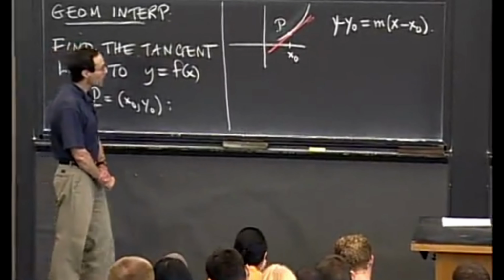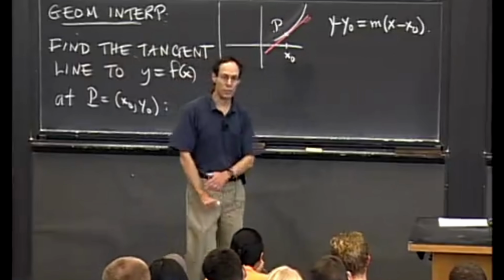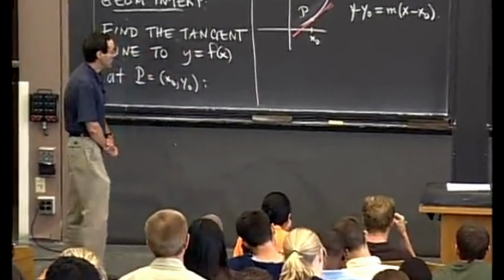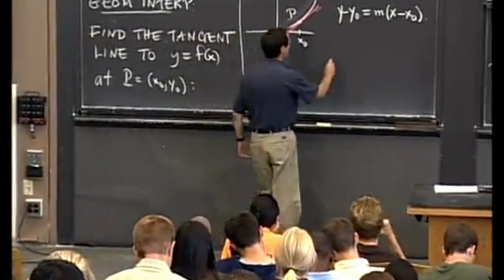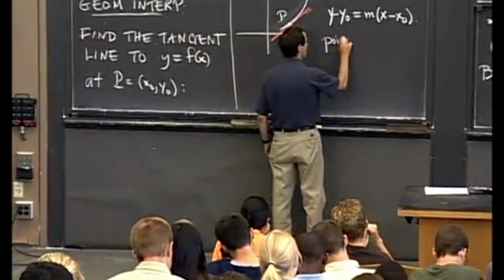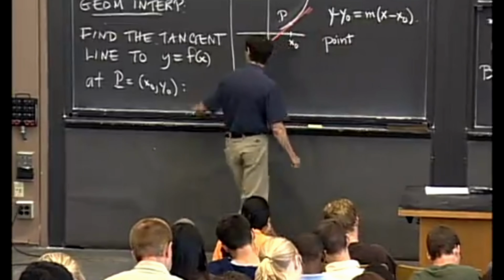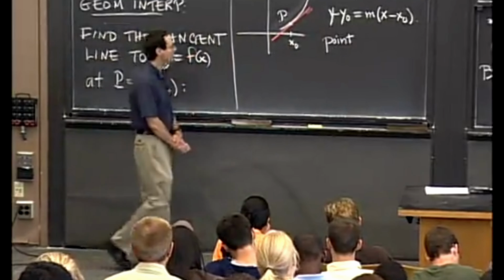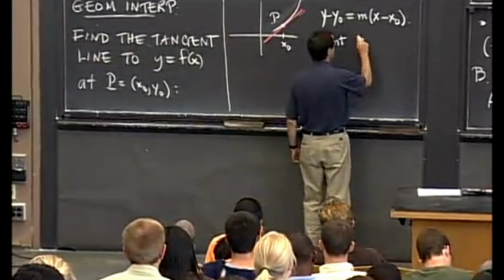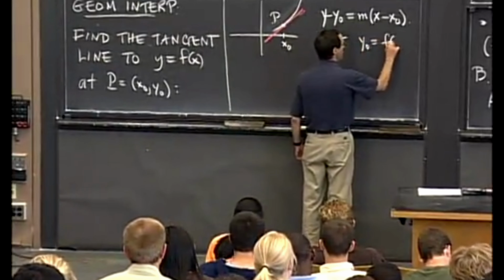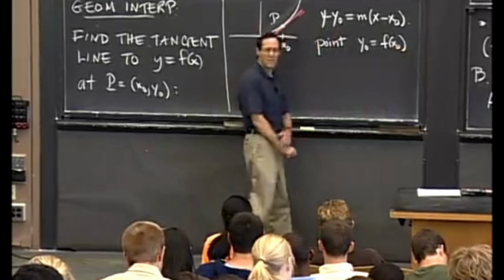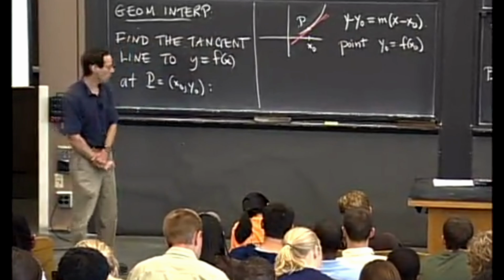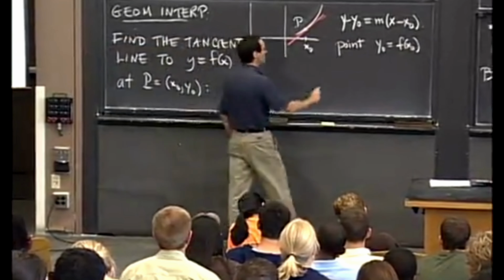And now there are two pieces of information that we're going to need to work out what the line is. The first one is the point. That's that point P there. And to specify P, given x, we need to know the level of y, which is, of course, just f of x0. Now, that's not a calculus problem, but anyway, that's a very important part of the process. So that's the first thing we need to know.